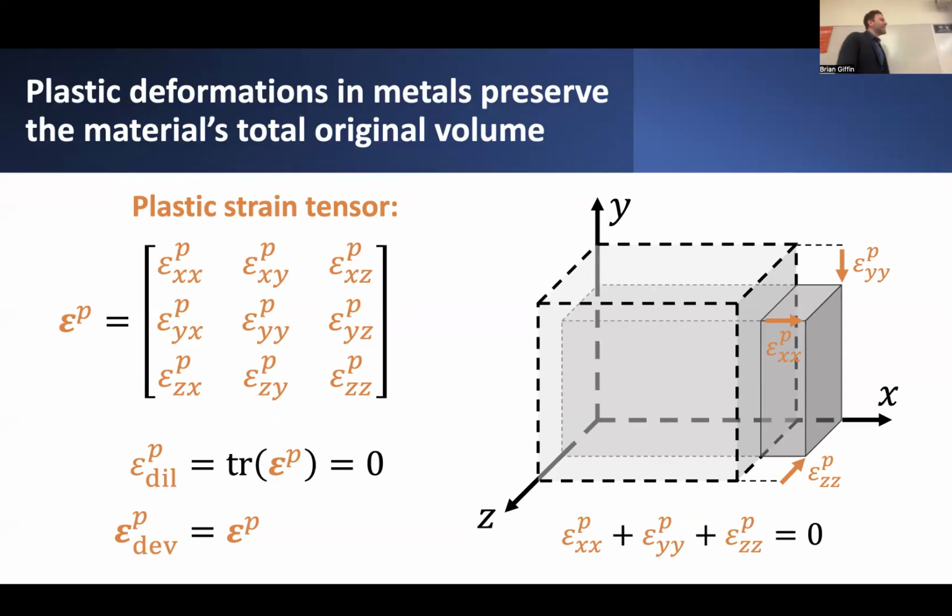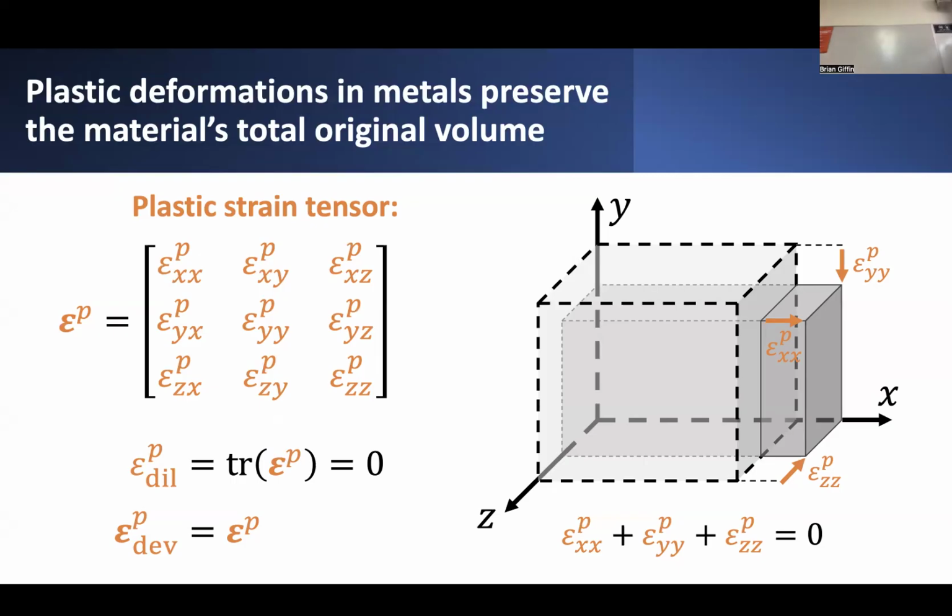It basically says that if we're trying to represent these permanent plastic deformations in the material through this description of a plastic strain tensor, then in order to ensure that these plastic deformations are volume preserving, we have to insist that this plastic strain tensor exhibits 0 apparent volumetric strain, which is another way to say that if we were to measure the dilatational portion of the strain in this strain tensor, we would find that it is equal to 0.